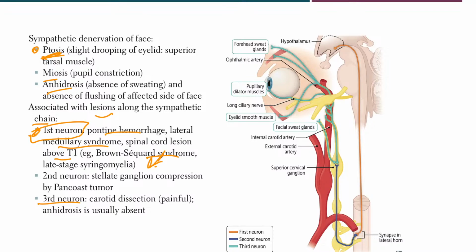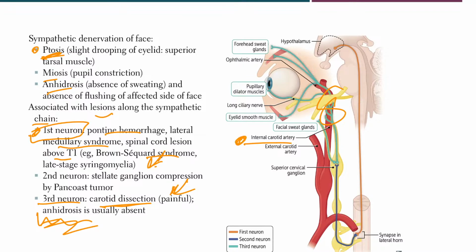But here, third neuron, from the carotid dissection, painful carotid dissection, because look, it's circling around the internal carotid artery, right? So if you have a carotid dissection, you are again going to knock out your sympathetic innervation, leading to all of this Horner syndrome. It's going to cause everything but anhidrosis is absent. And why is anhidrosis absent?